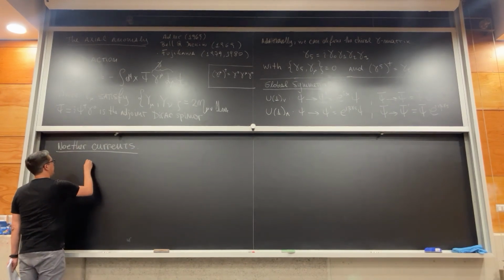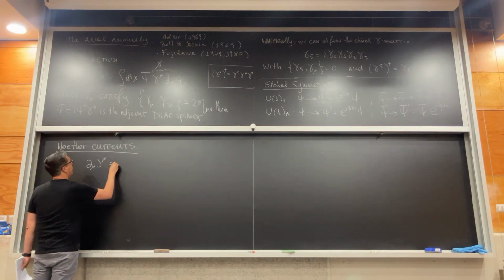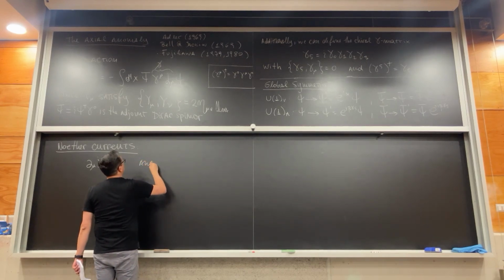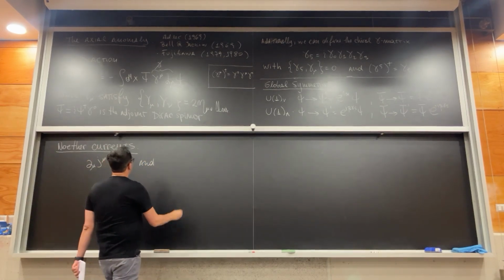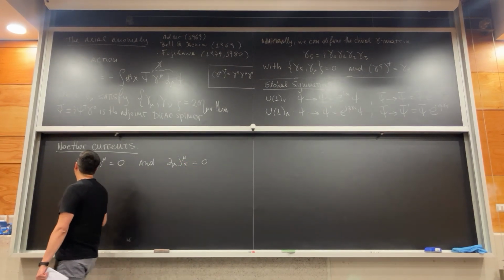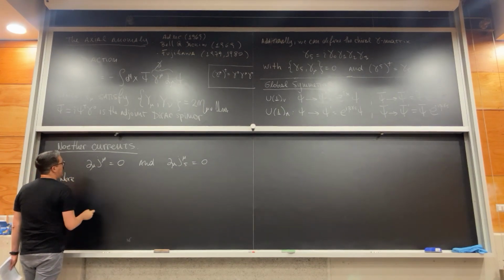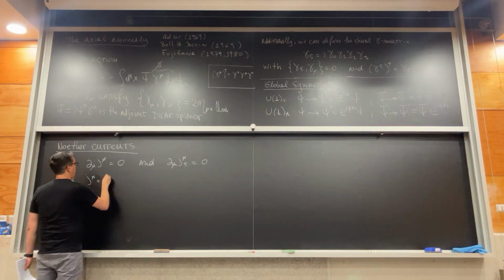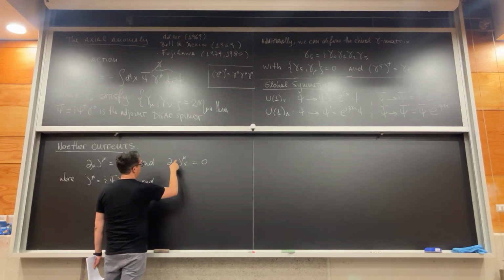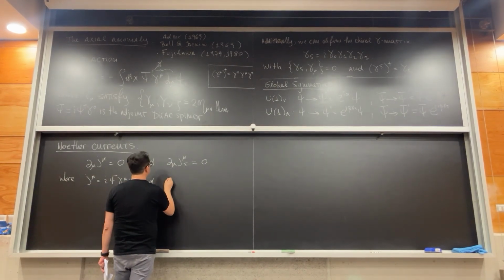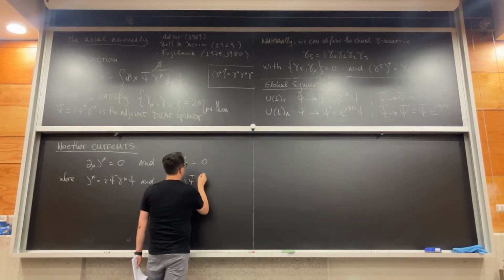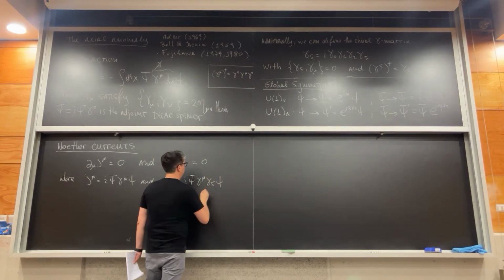So the first one will be ∂_μ J^μ equal to 0, but there is another one associated to the U(1) axial symmetry, and this implies that the axial current will be conserved, where this J^μ is i ψ̄ γ^μ ψ, and the axial current will be J^μ_5 equal to i ψ̄ γ^μ γ^5 ψ.